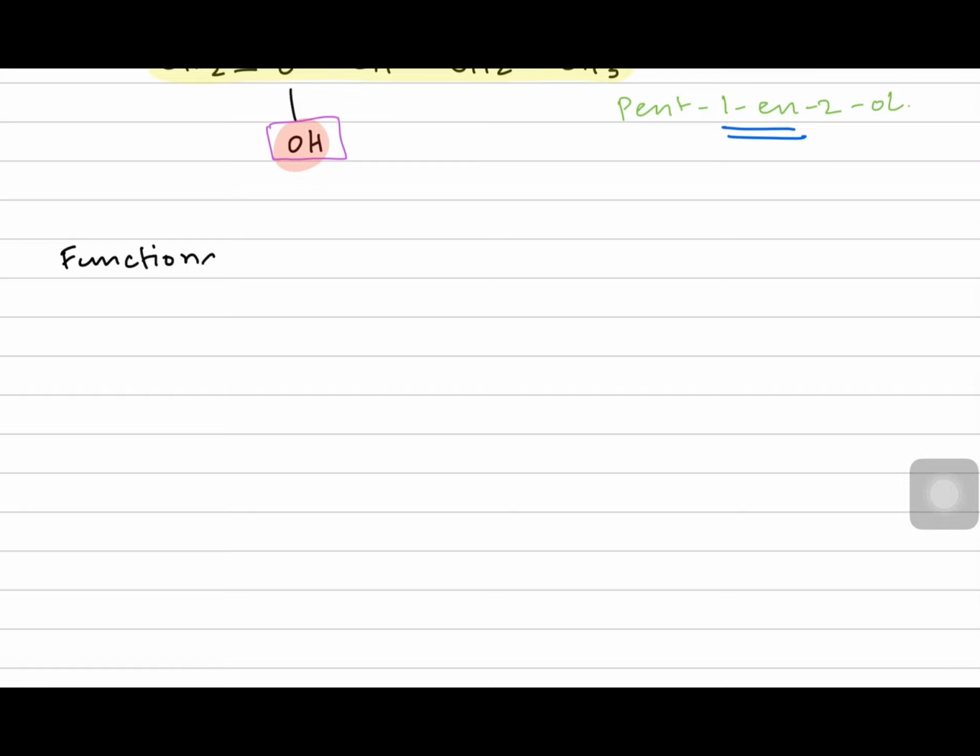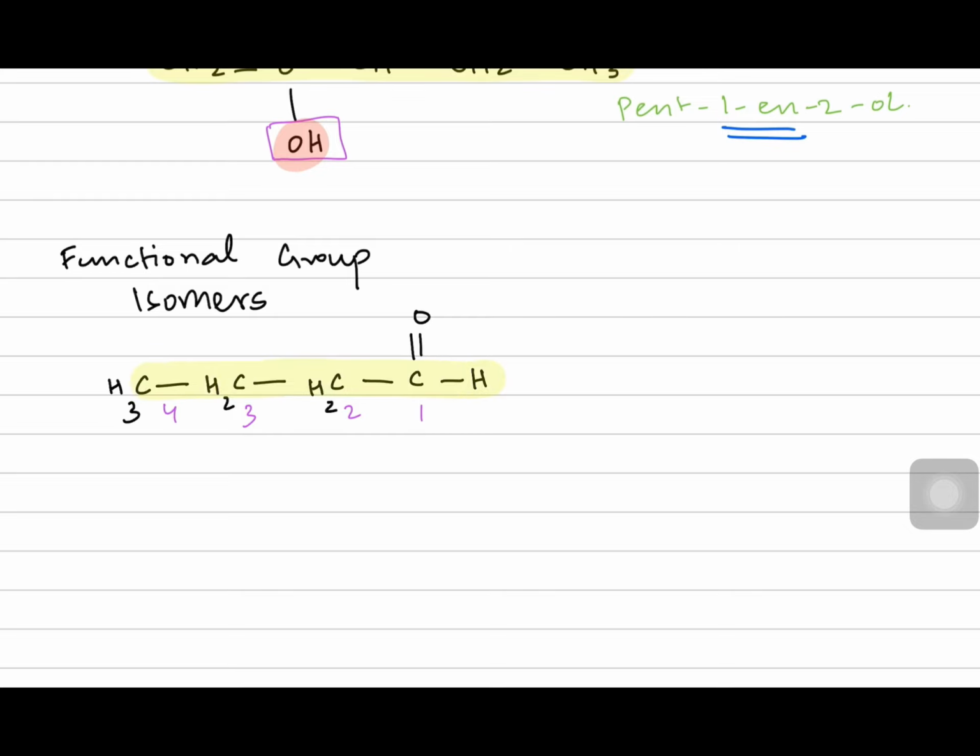So let's talk about functional group isomers. For example, if I had an aldehyde on carbon 1, then carbon 2, 3, 4. This is a 4-carbon aldehyde.